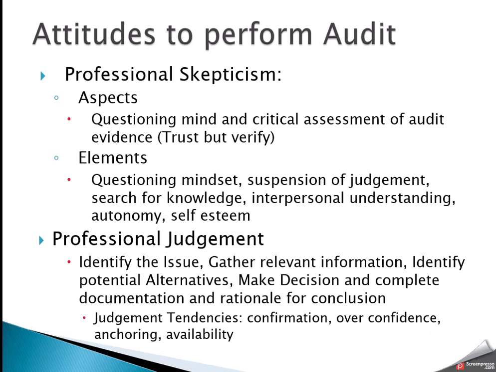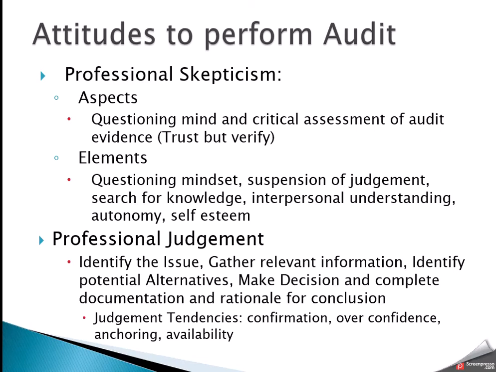So all the attitudes, we've talked about these in our past chapters as well, but anytime we're dealing with an audit, these are two of the prime characteristics or attitudes that the auditors need to maintain. So they need to exercise professional skepticism, where they basically look at everything with a questioning mind and critically assess it.